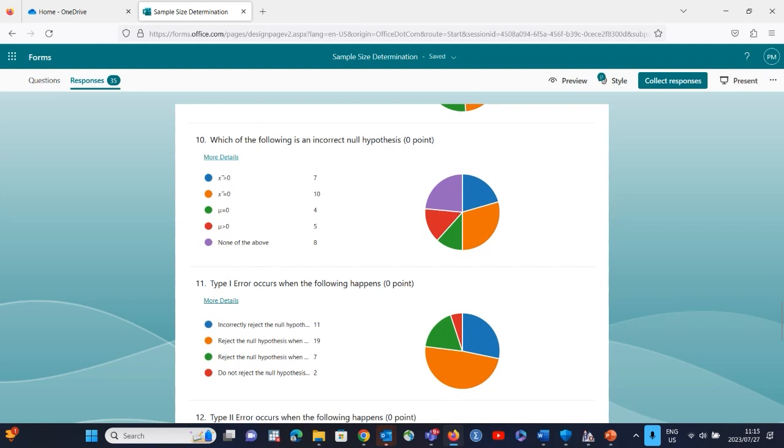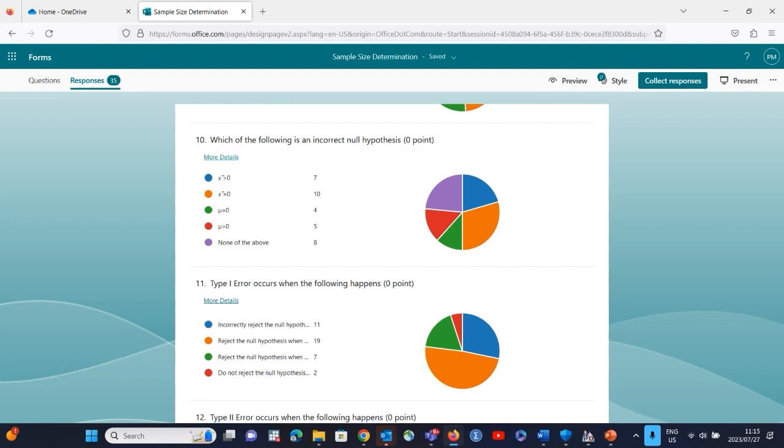So with number 10, I was not able to paste the X bar correctly in the quiz, but I hope you can see that it's supposed to be X bar. Which one is incorrect? The first one will be incorrect because X bar is the sample average, and the null hypothesis is about the population.